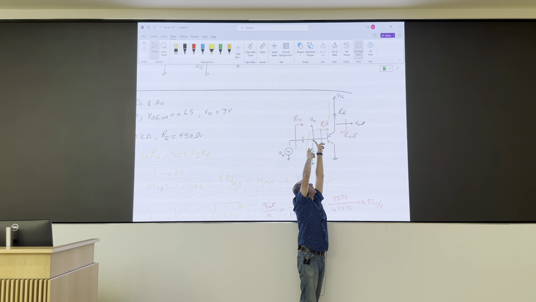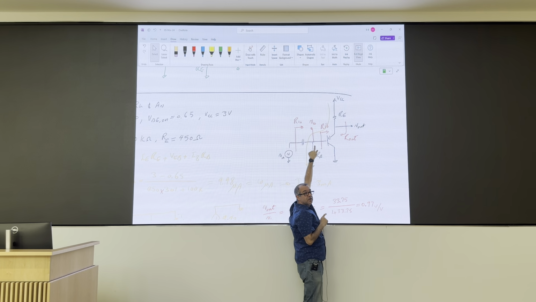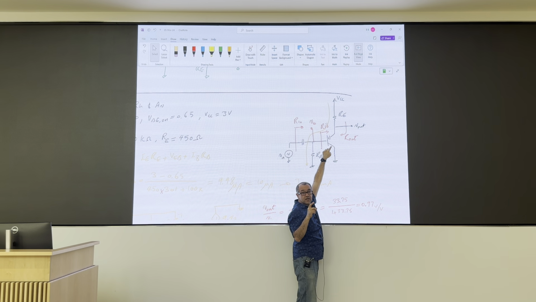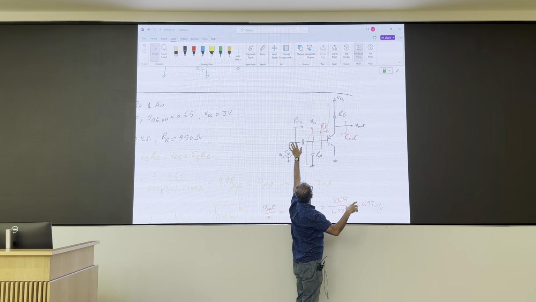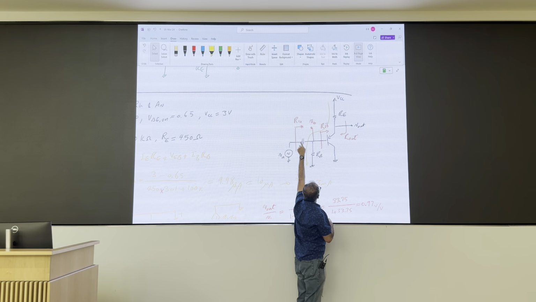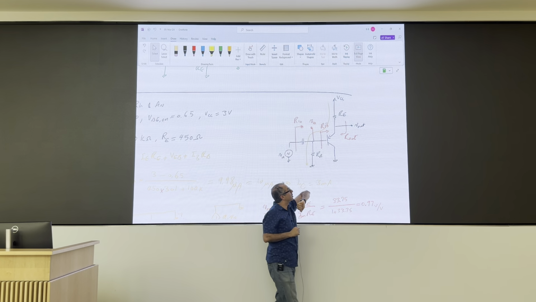Because if you open it, RB will appear in your base signal. You don't open it. When you're calculating the output resistance, you zero your independent sources. Zeroing this source means that this is grounded. Ground here means that RB is not showing up in your circuit.